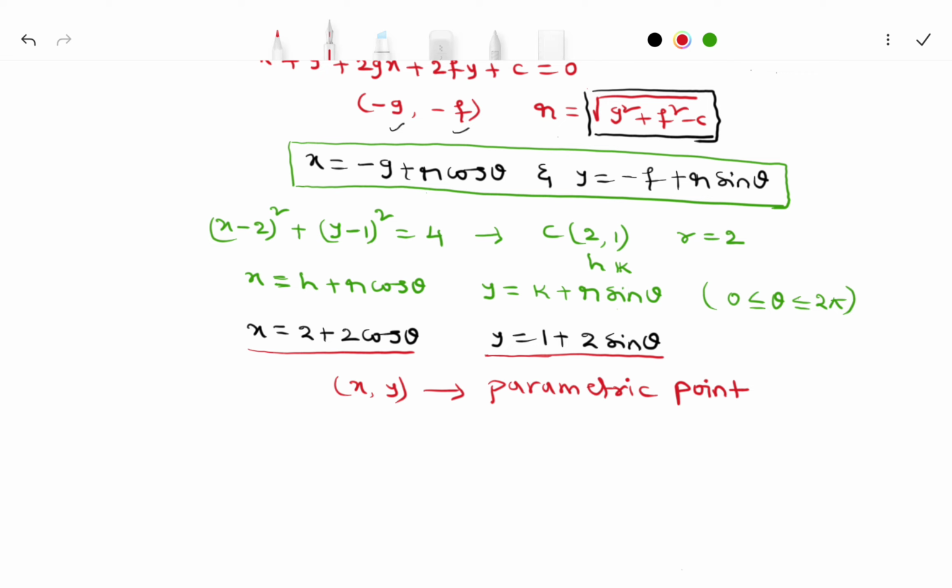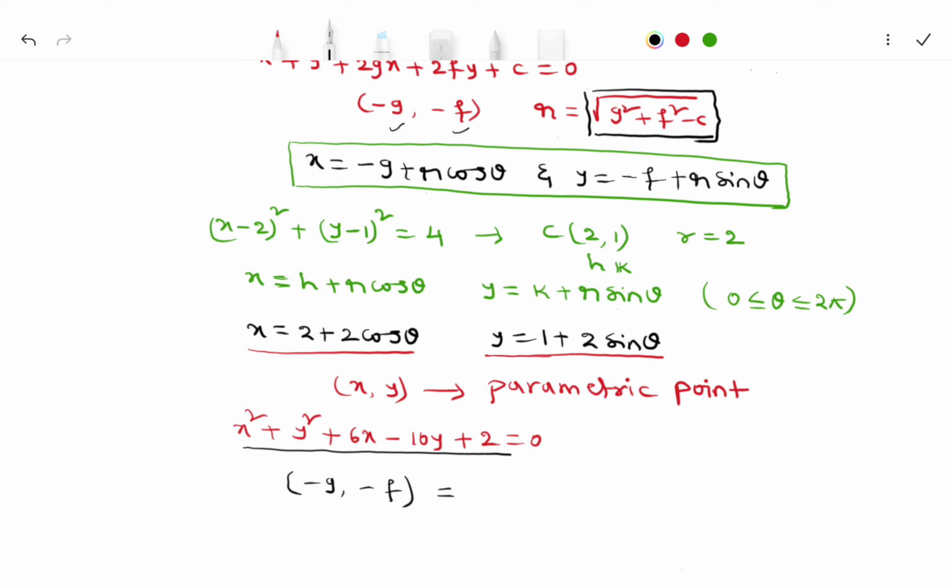Okay, next, similarly, let's take one more example: x squared plus y squared plus 6x minus 10y plus 2 equals 0. Now, how can we find the center and the radius? This is called the standard form. In standard form, the center is (minus g, minus f).